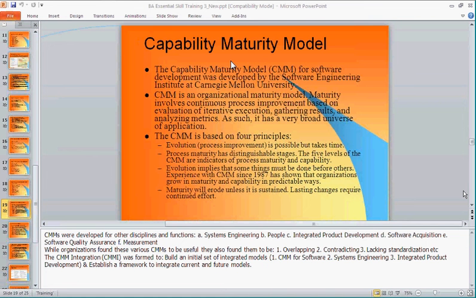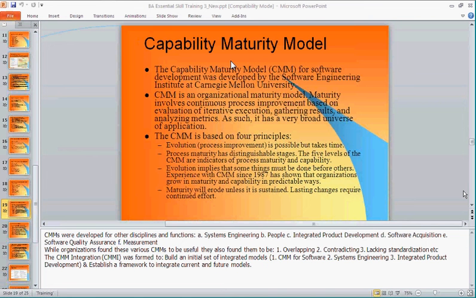Okay. Let's talk about systems engineering. You're developing a software. So when you are developing a software, you need to use 2 different capability maturity models, right? Systems engineering and people. Yes or no? So systems engineering plus people.